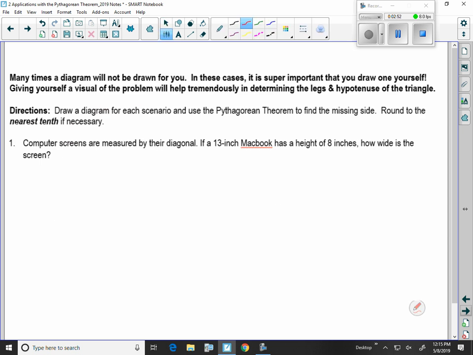All right, many times a diagram will not be drawn, like I said. So you're going to have to draw a picture. So we're going to round to the nearest 10 on these problems. Computer screens and TV screens, you guys may know this, are actually measured by the diagonal. So if you have a 55-inch TV, that is the length of the diagonal on the television.